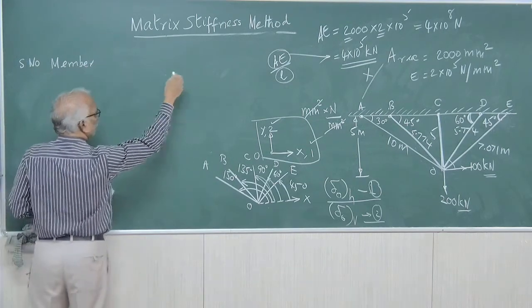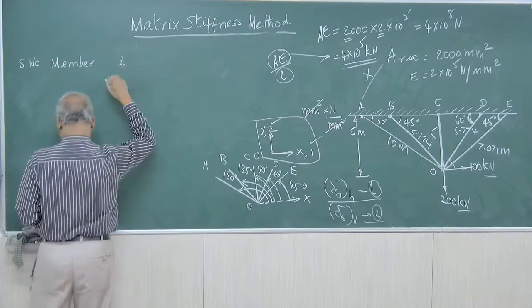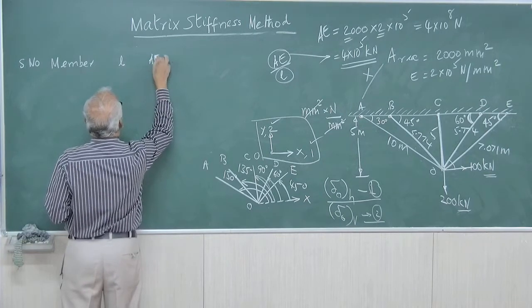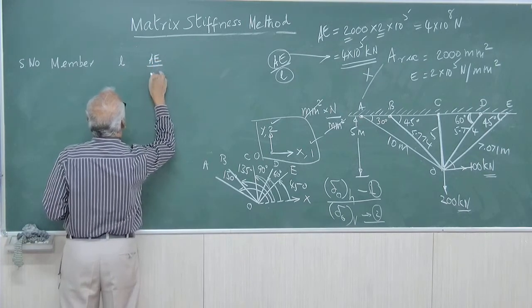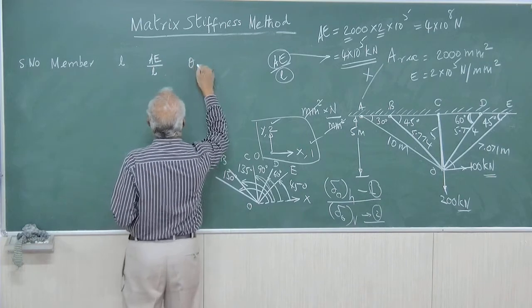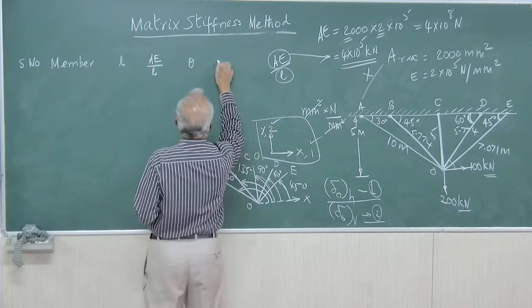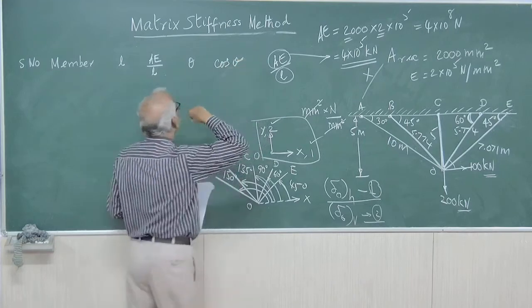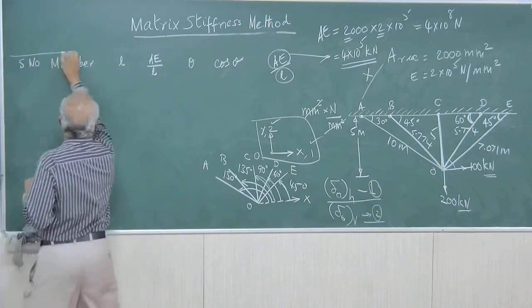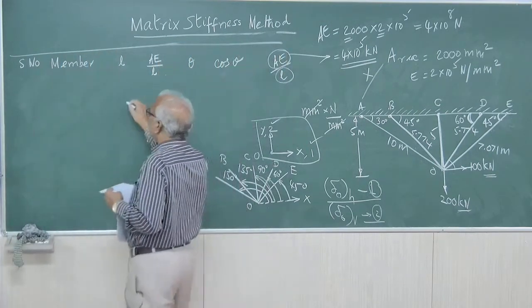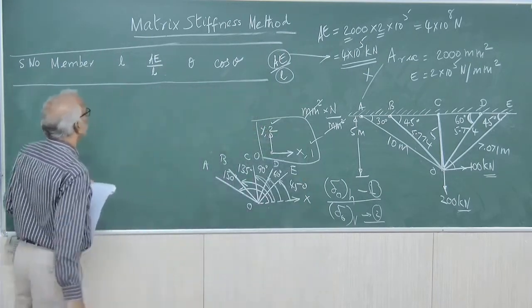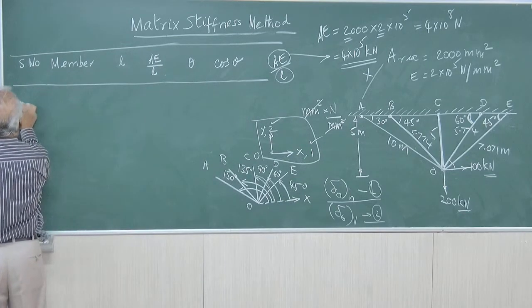AE is the same, we have the value, L is needed. Then AE by L we have to calculate, because L is different, so AE by L will be different for different members. Then theta values we want, and other values we will write later because these are only calculations. So we have to open out a tabulation systematically with horizontal and vertical lines. This table will be extended. We will write all basic values for the 5 members.